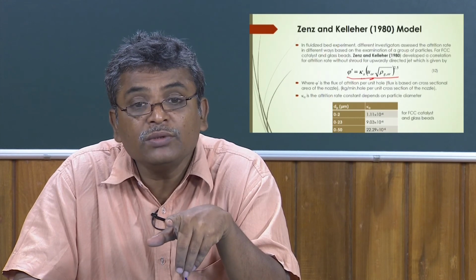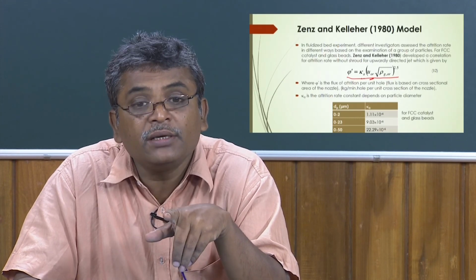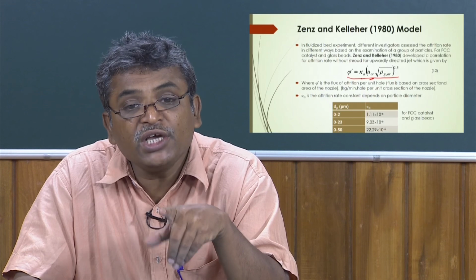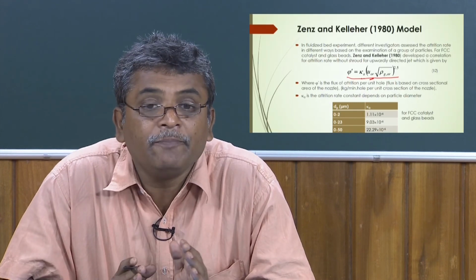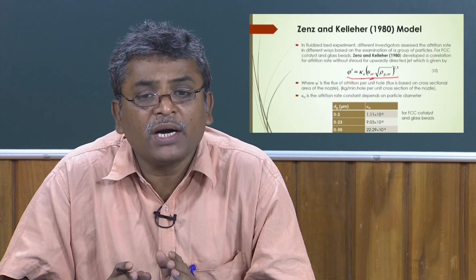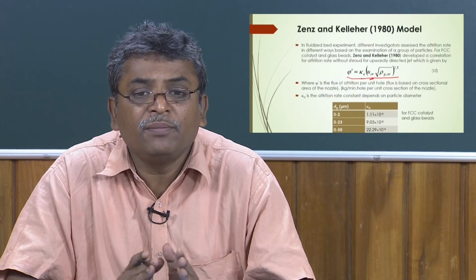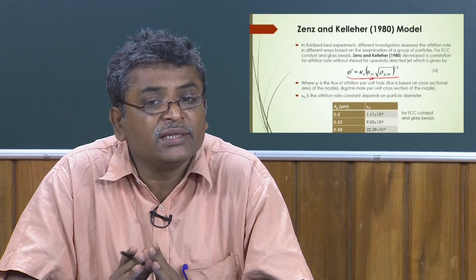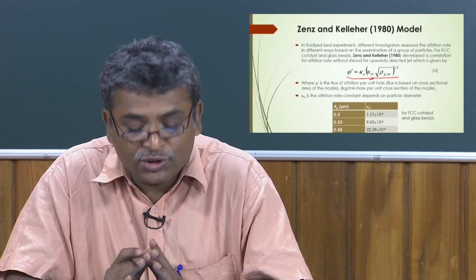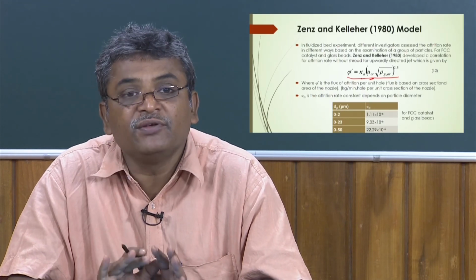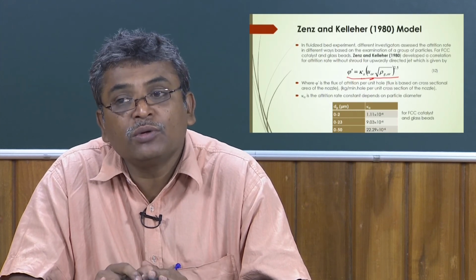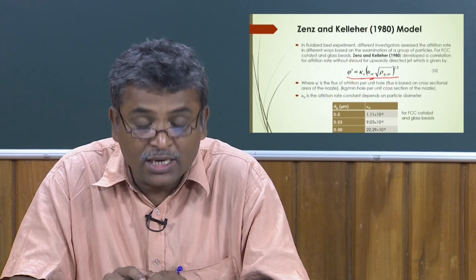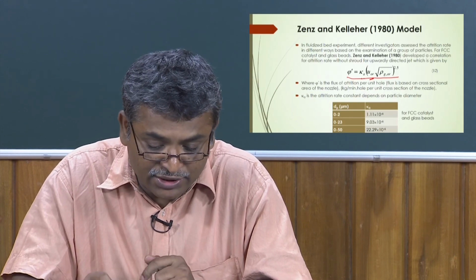Due to the high jet, there will be some change of temperature because of the collision or friction of the particles, and then there will be an instant change of density of the gas. So at the orifice hole, what the temperature should be, and based on that what the density of the gas should be, depends on this attrition rate.